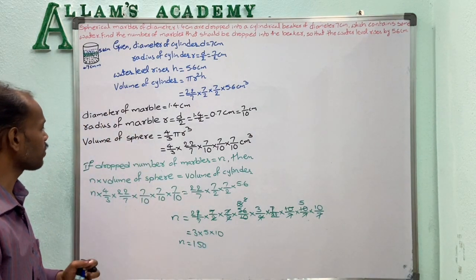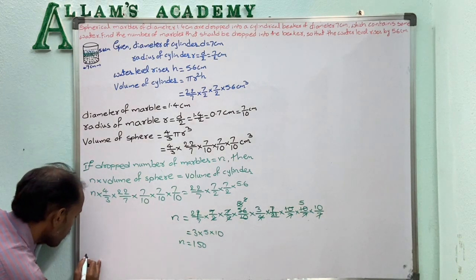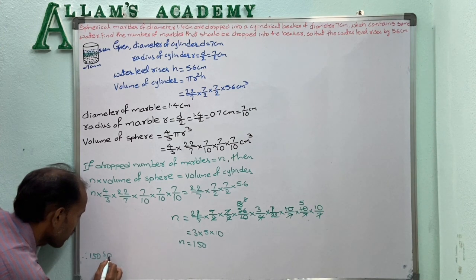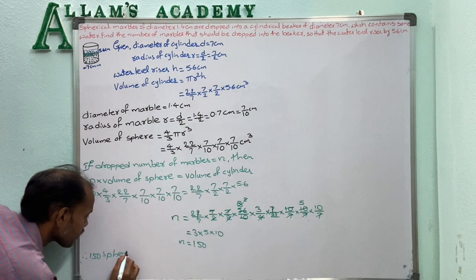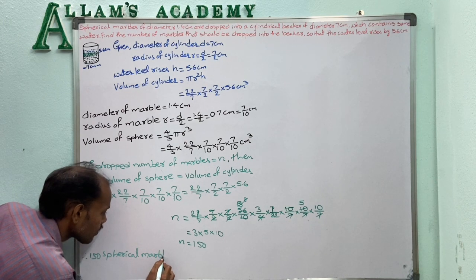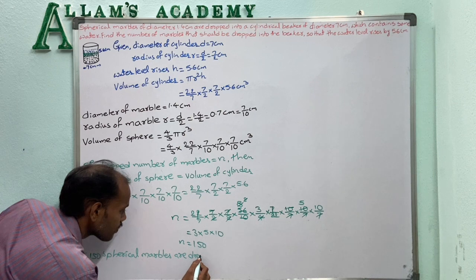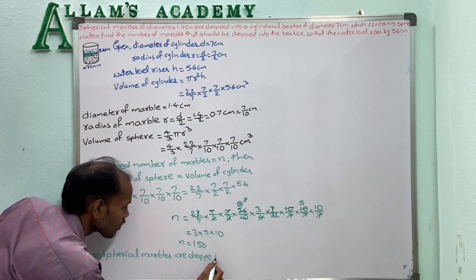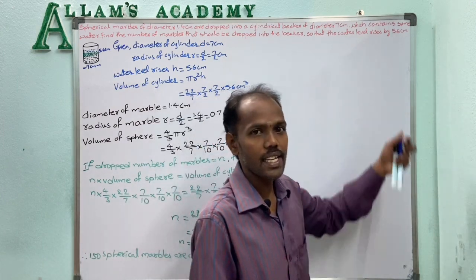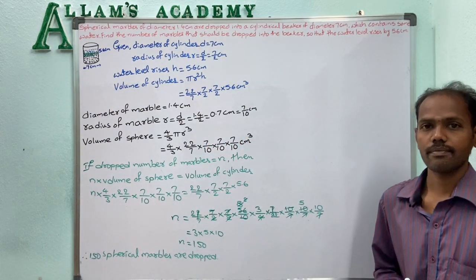N is nothing but the number of spherical marbles dropped. So therefore, 150 spherical marbles are dropped into the cylindrical beaker, then the water rises 5.6 centimeters.